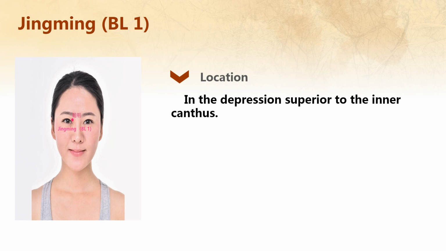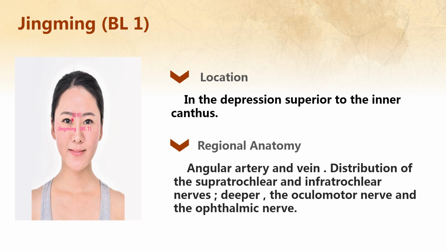The first point is Jingming. The acupoint is located in the depression superior to the inner canthus. The location of this acupoint contains the angular artery and vein. Distribution of the supratrochlear and infratrochlear nerves.